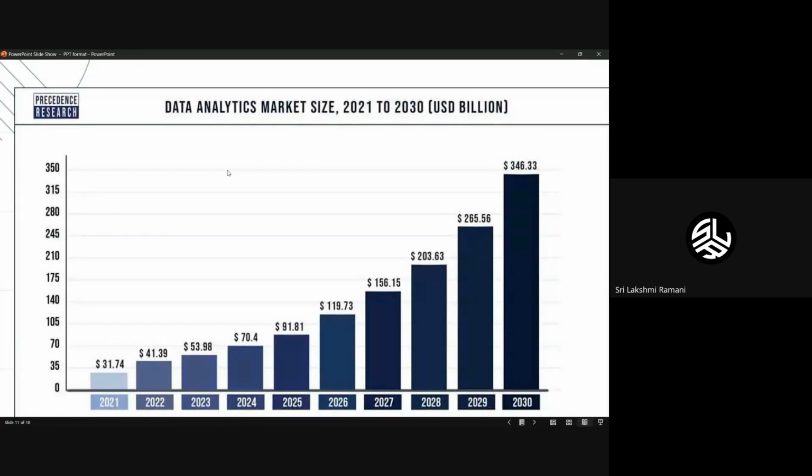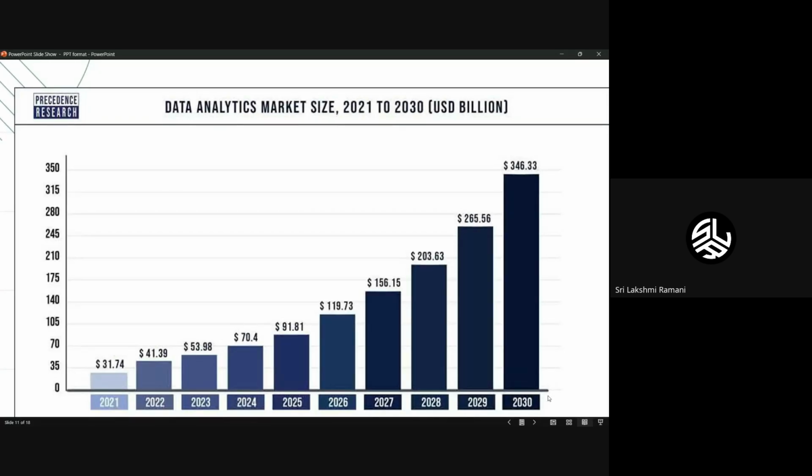See, as an example, as a proof, this is just an analysis, okay? From 2021 up to 2030, this is the analysis regarding SAS in the market. In 2021, it was $31.74, and it might increase to $346.33 in 2030.